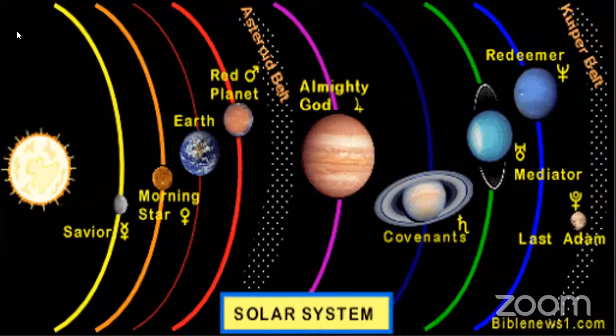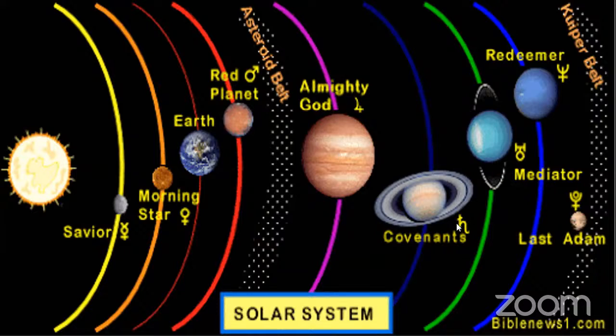This is the diagram you have seen. Sun at the left side. This is one of the Greek terminologies used for explanation. Mercury, morning star they can call for Venus, Earth, red planet they can call for Mars. The asteroid belt is in between Mars and Jupiter. Jupiter is called the Almighty God, Guru Graha.